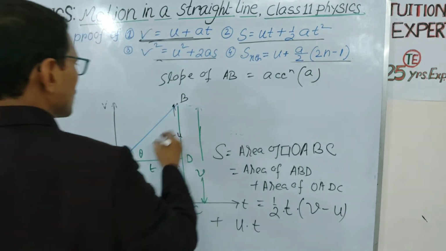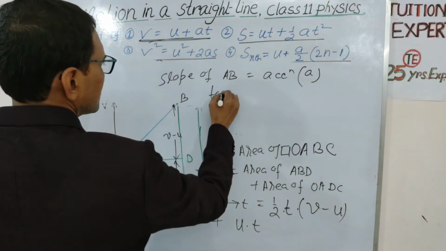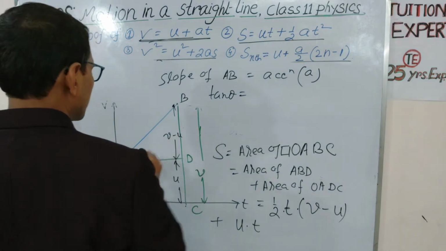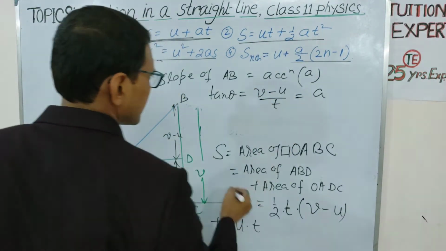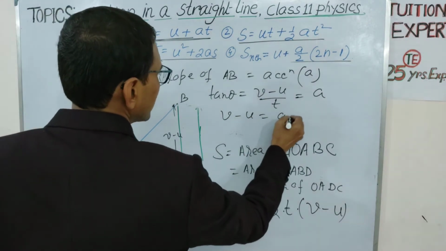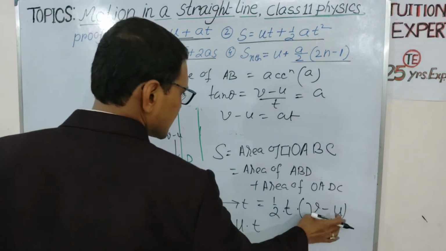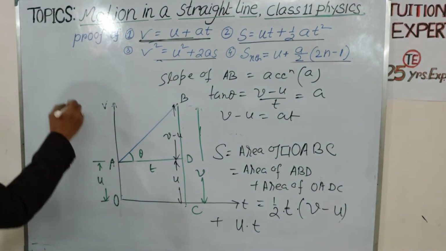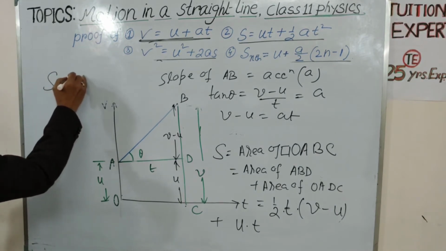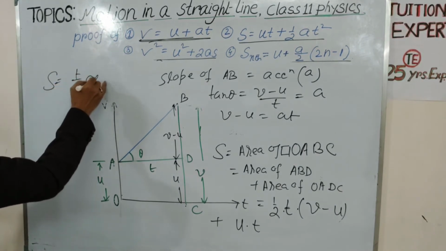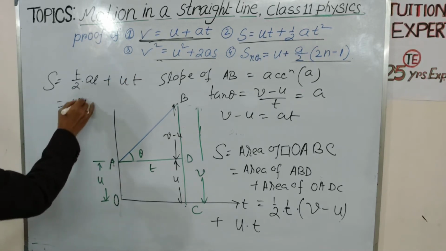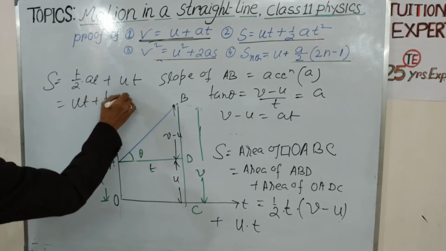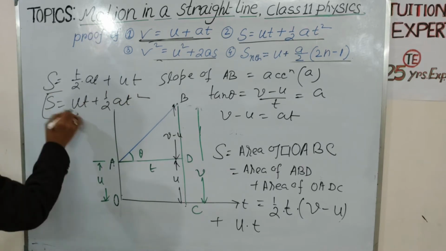So the slope of AB equals tan theta, which is equal to perpendicular by base, v minus u by t. This is equal to a, so v minus u equals at. Now put v minus u equal to at here, so we get s equal to t by 2 into at plus ut, that is ut plus half at square. So this is the proof.